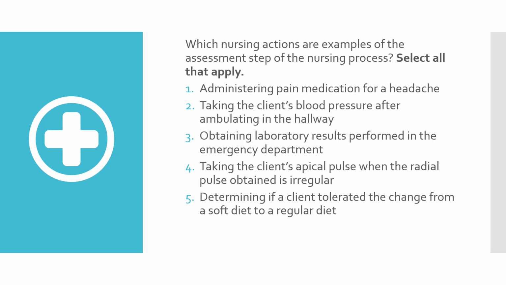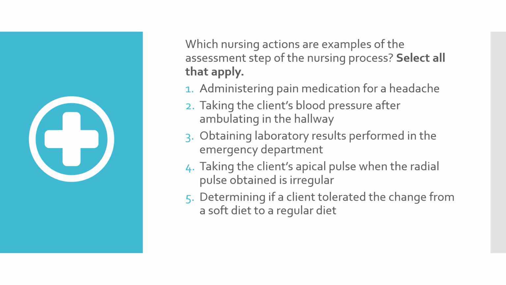Number 4. Taking the client's apical pulse when the radial pulse obtained is irregular. Verifying data that you collected to ensure it is valid and accurate is also part of the assessment phase of the nursing process. This is also one of our answers. Number 5. Determining if a client tolerated the change from a soft diet to a regular diet.